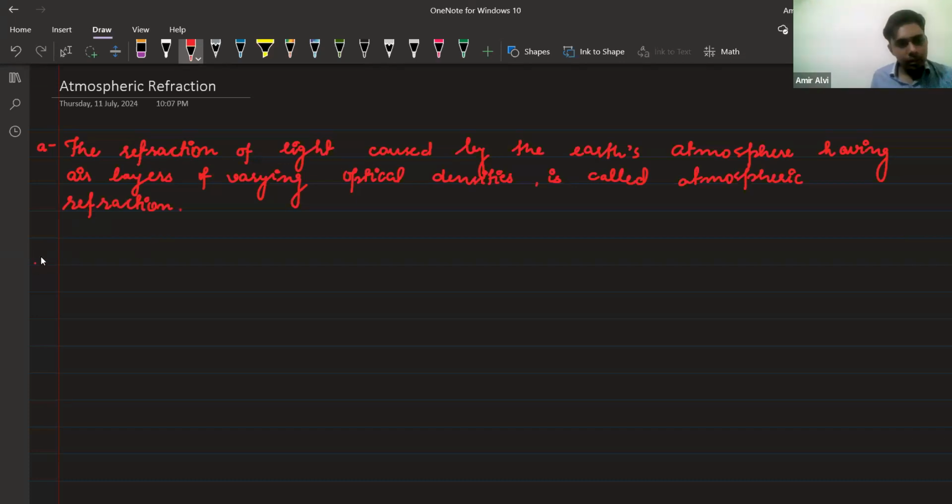Now, the next thing is the reason behind it. I've told you that the varying optical densities throughout the atmospheric layers are the reason behind atmospheric refraction.